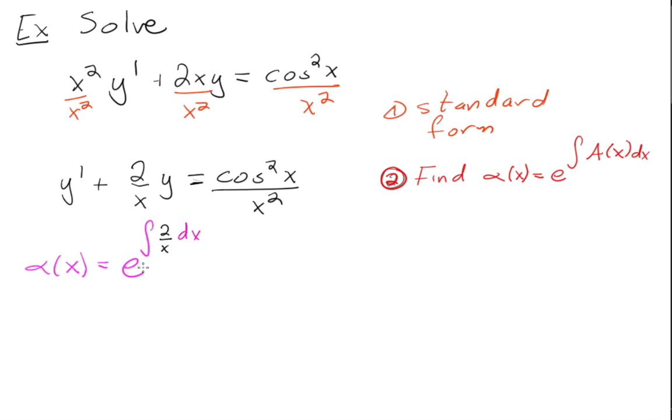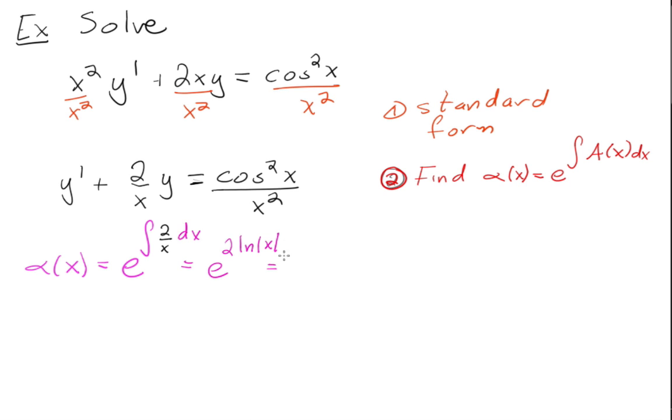Okay, so e to the integral of 2 over x is equal to e to the 2 natural log of x, right? And what is that equal to? x squared, right?